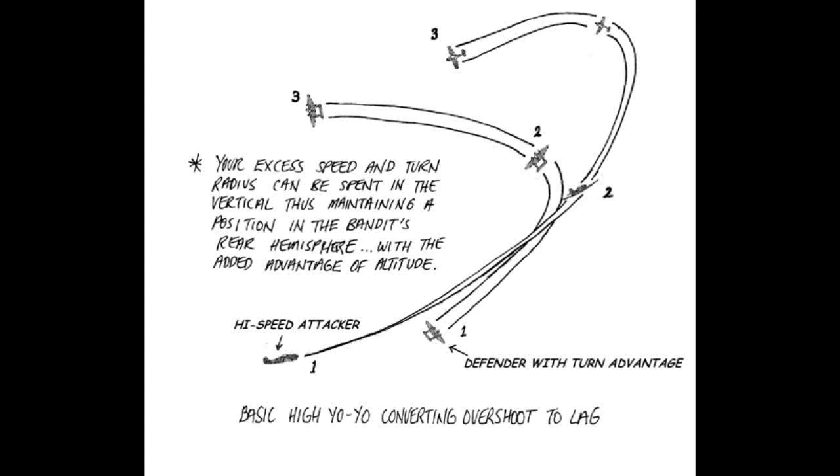So what you do here is use your extra speed, your excess speed, to blaze past the enemy, win some lateral separation while going up, trading some of your excess speed for altitude, roll towards the enemy plane while he is turning, and then pull down on him. In the pull down phase, what you are doing is trading altitude for speed.